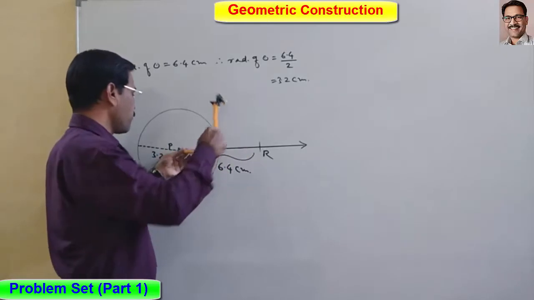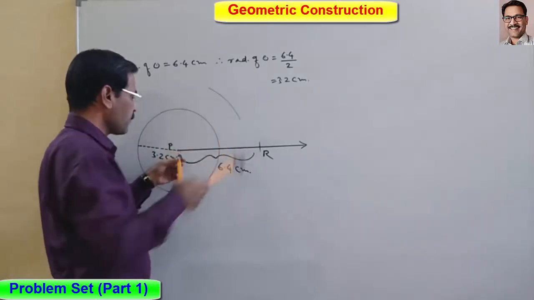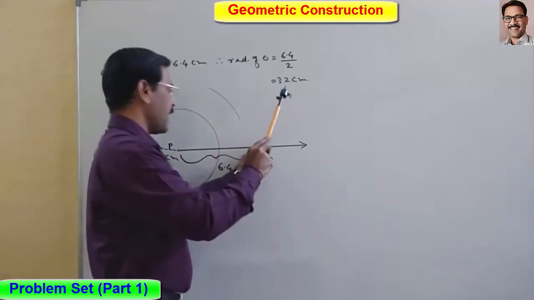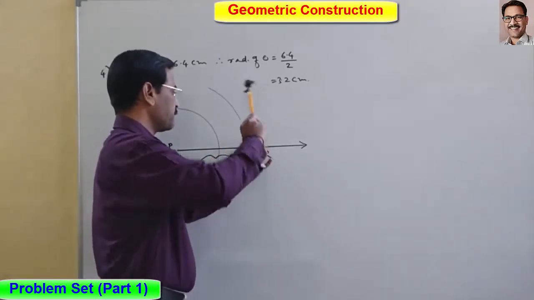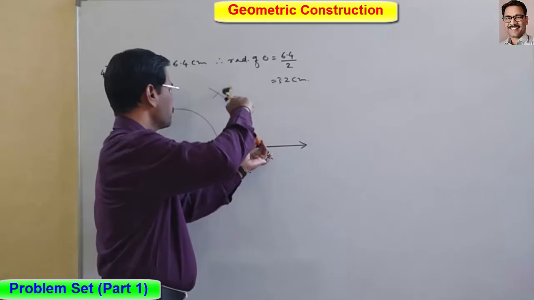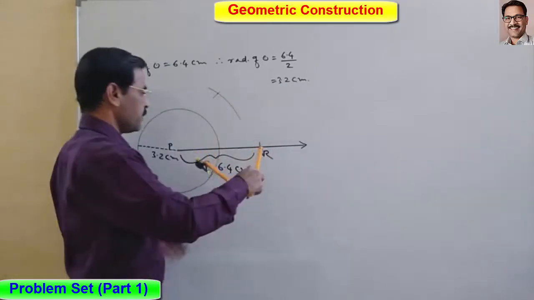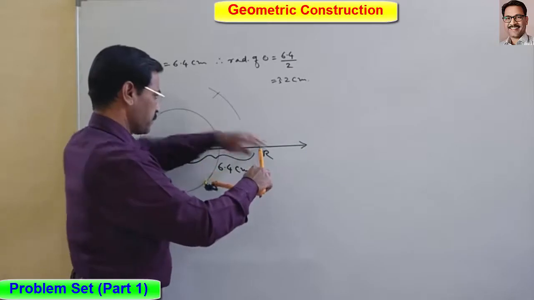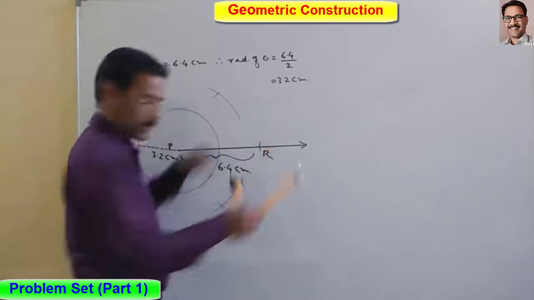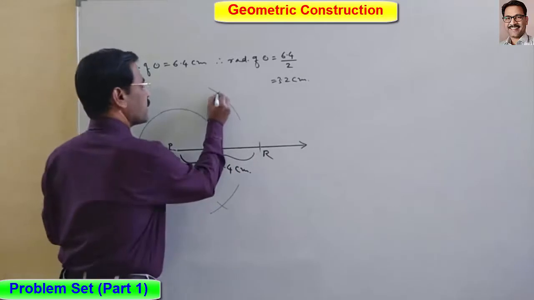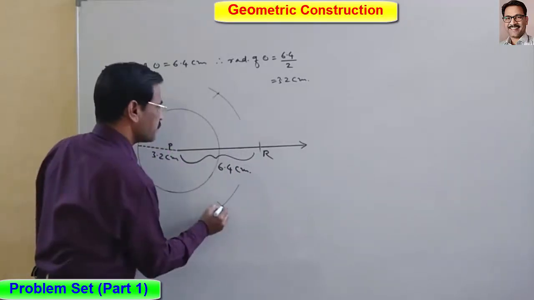See here from P. Okay. Now from R as well. Okay, now from this side also. Like this. After getting these 2 points, we have to just join them.